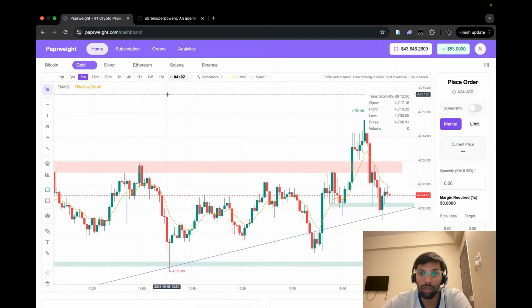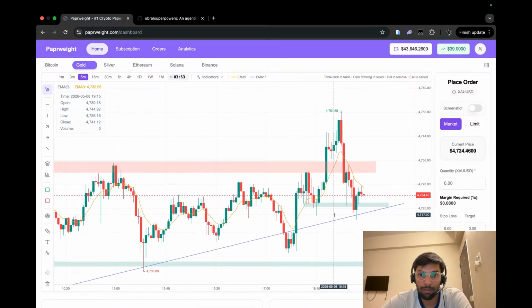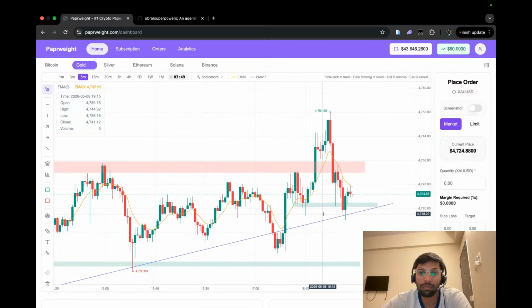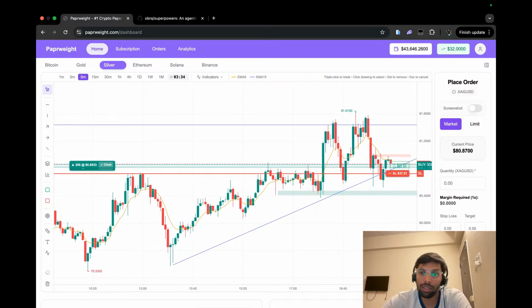It's a good graph in gold, but at the same time, this is where the market is facing rejection, and this is the area where buyers are interested in taking the market in a direction. For gold, it's quite difficult to touch the market here. Actually, the pressure is a lot from this side. So what we can do is we can cross this.